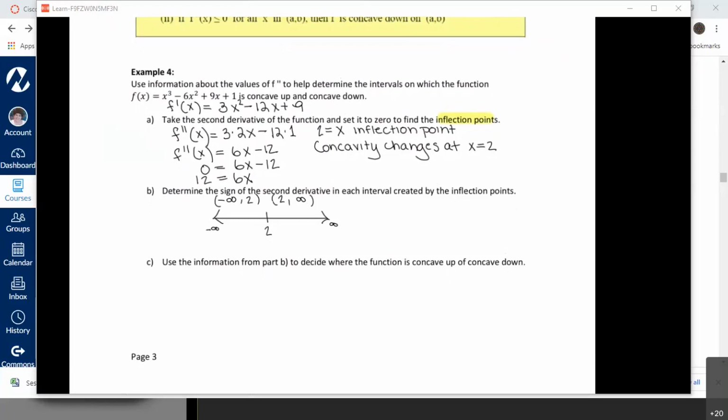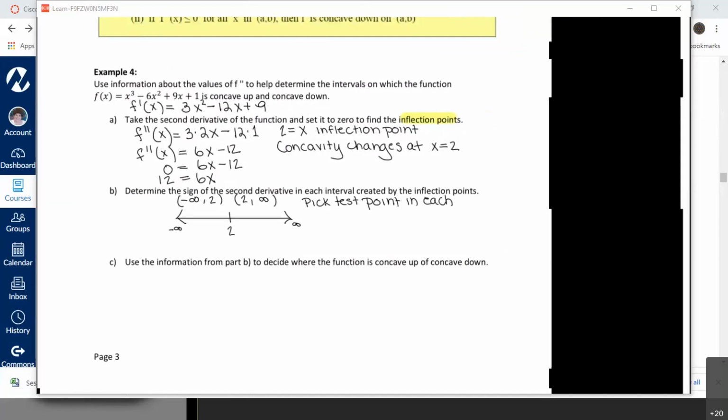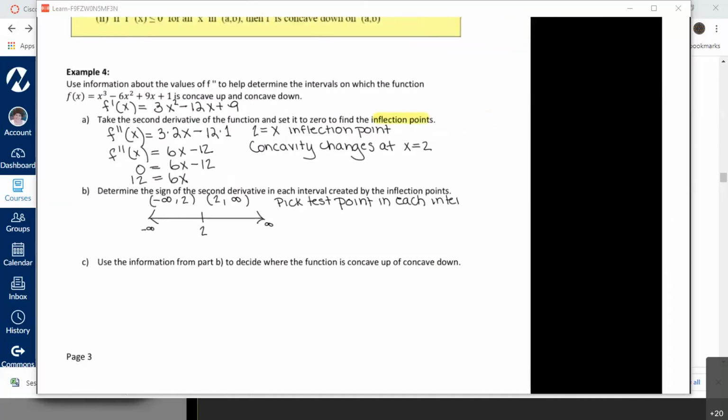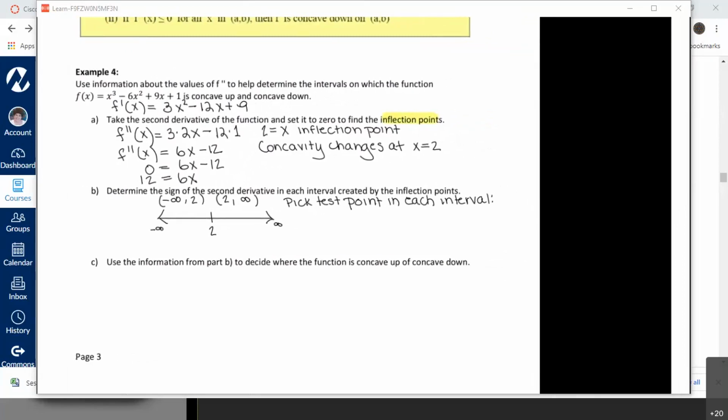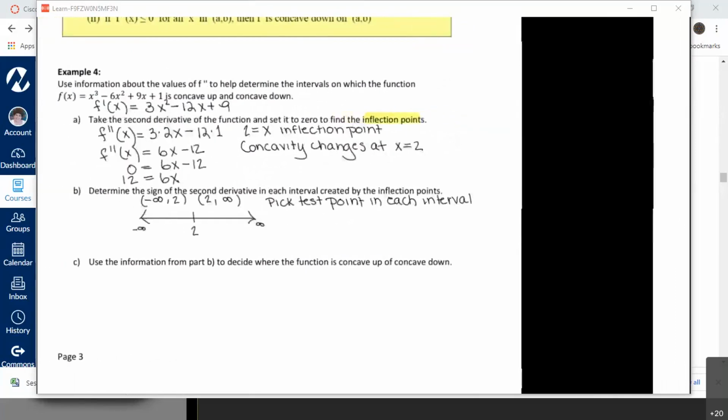And you can do the same thing we did. We're going to pick a test point in each interval and check the sign of the second derivative.